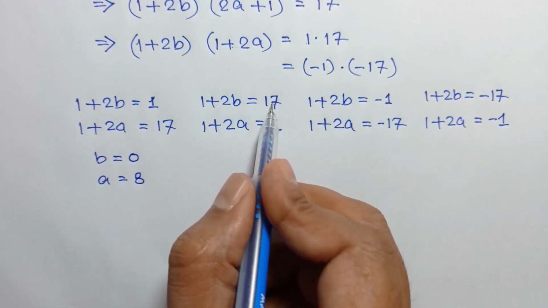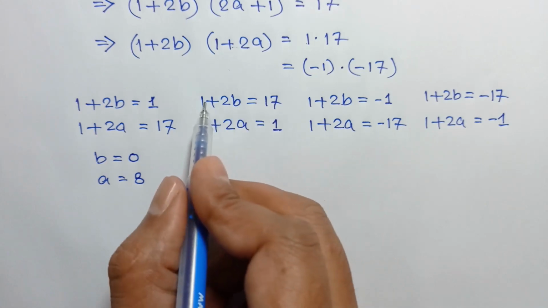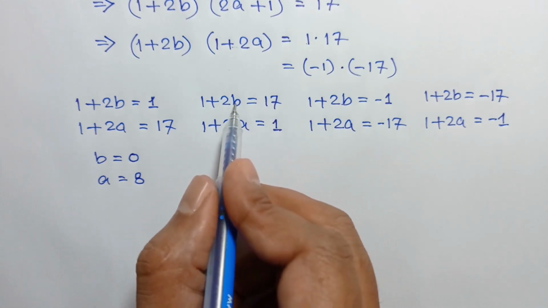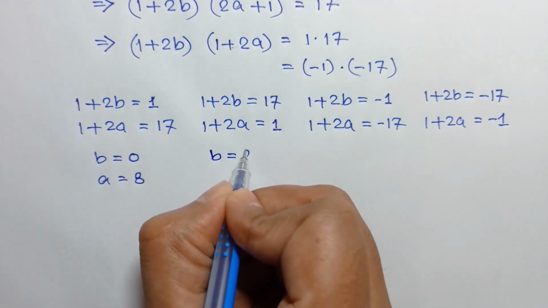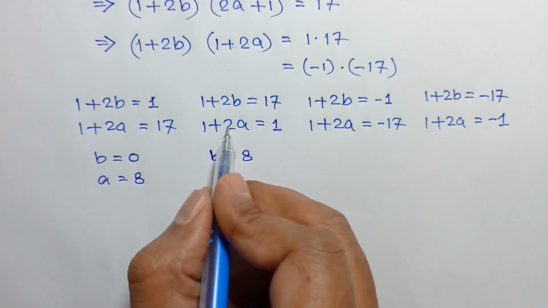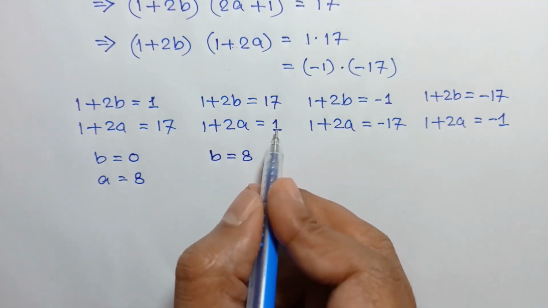And from here we will get 2b is equal to 17 minus 1 is 16, and dividing both sides by 2 we will have b is equal to 8, and from here 2a is equal to 1 minus 1 is 0, and dividing both sides by 2 we will have a is equal to 0.